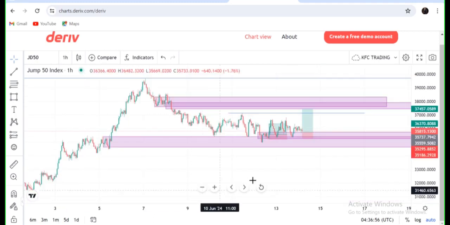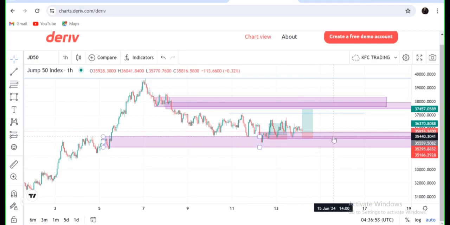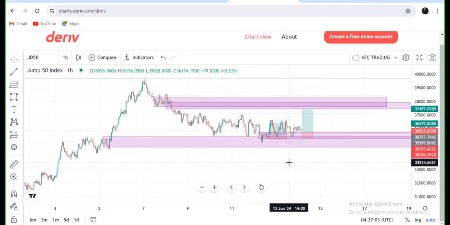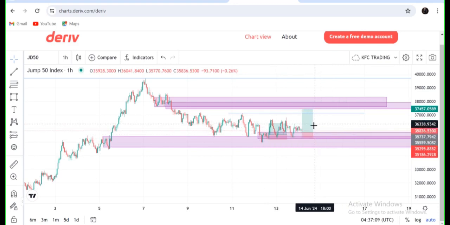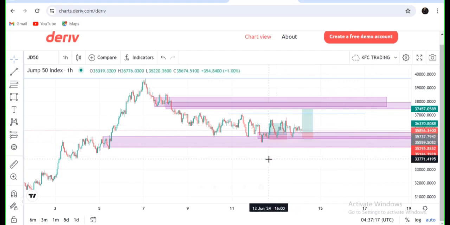When it comes to the synthetics, I hope you've been able to see that block which I was trying to show you here. When you look very well, you see that price got rejected at this point. That's because there is this block just at this level.